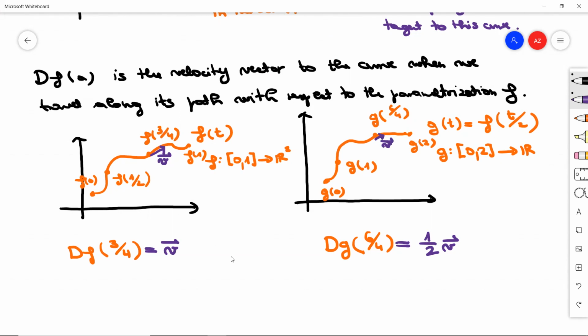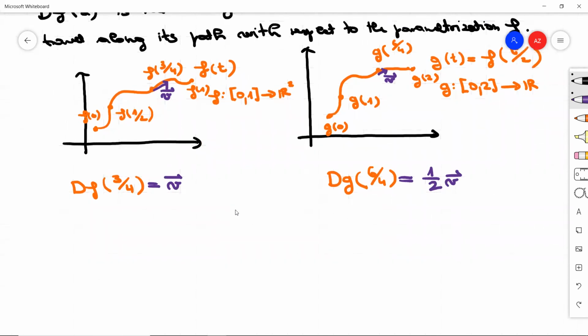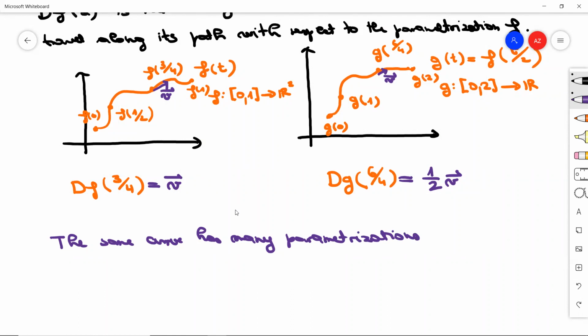So you see, the message of this is that the same curve has many parameterizations.